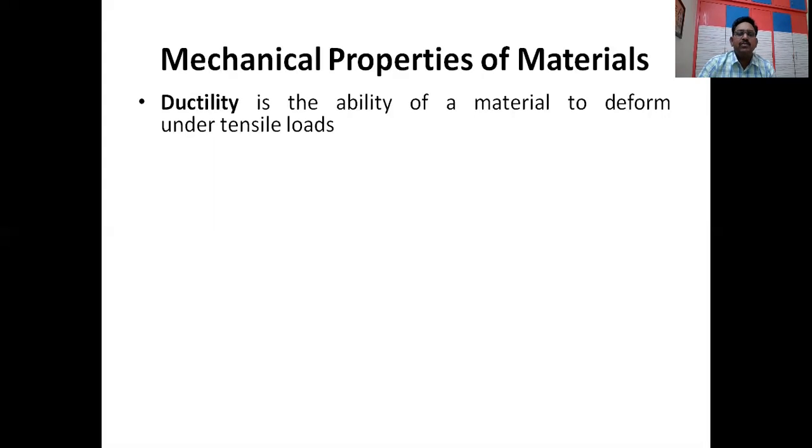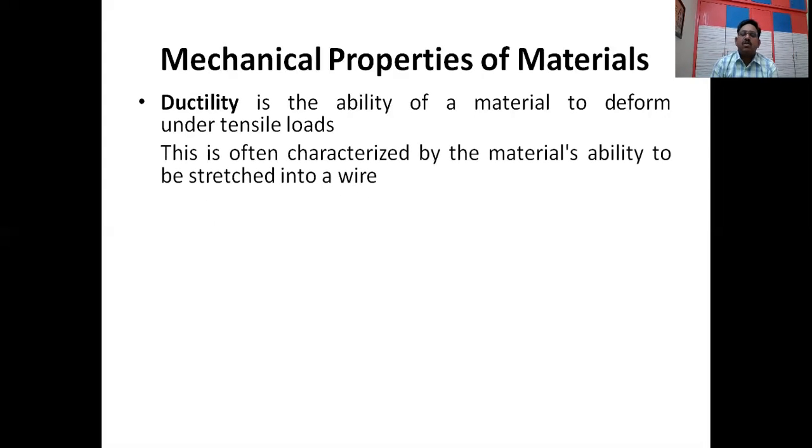This is a very useful property, and it is often characterized by the material's ability to stretch into wires. How can we make wires? By stretching it, so by reducing its size. If we want to reduce the diameter, it will be under tensile stress. So this property is used for the material's ability to stretch into wires.